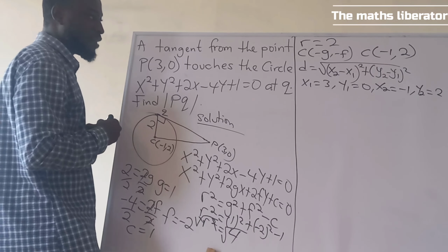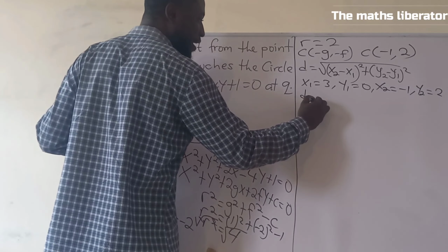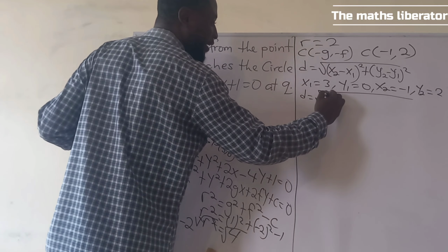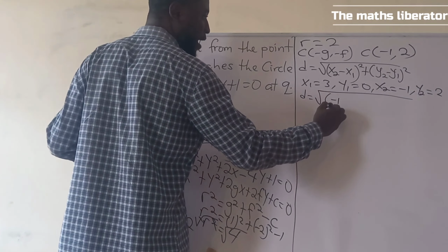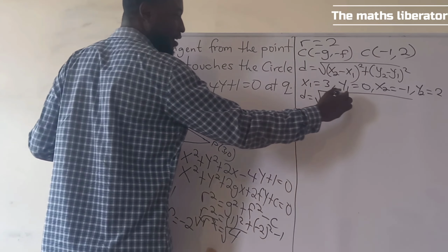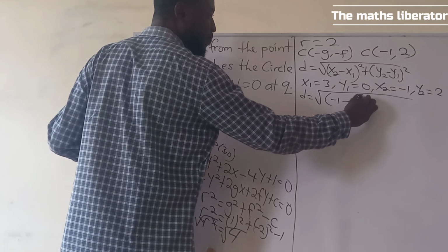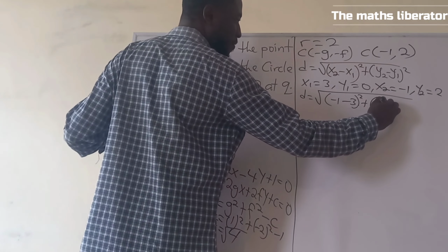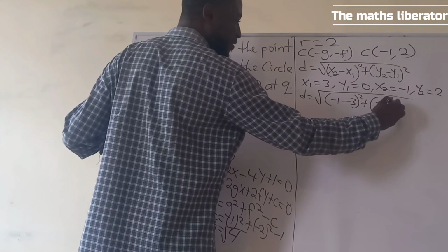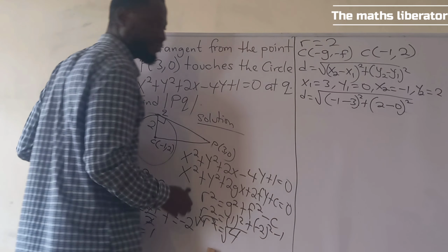After this, I'll plug in the values. Negative 1 minus 3, all squared, plus 2 minus 0, all squared.